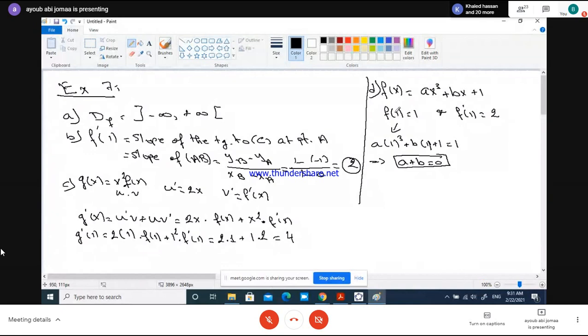When you say f of 1 equals 1, what is the value of x?